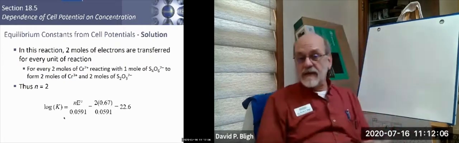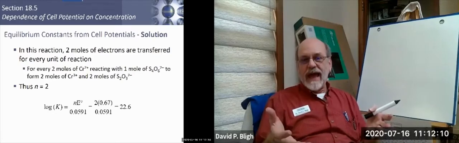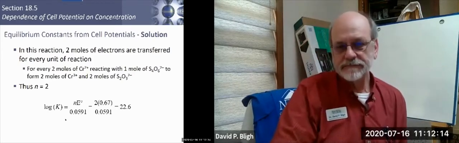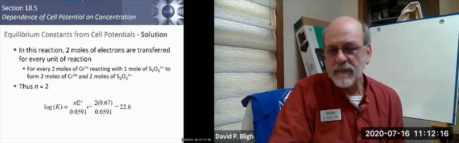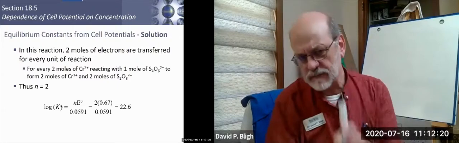Let's say that we're actually going to be at equilibrium. So that means the Q value is now K. We've rearranged this equation. See that?